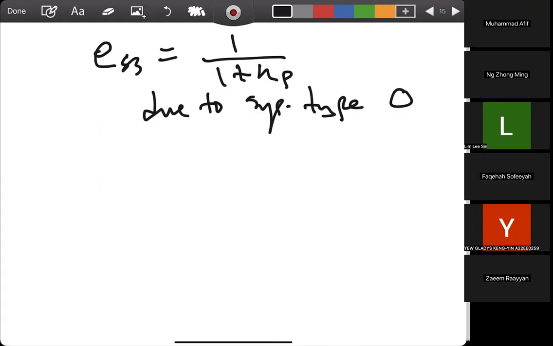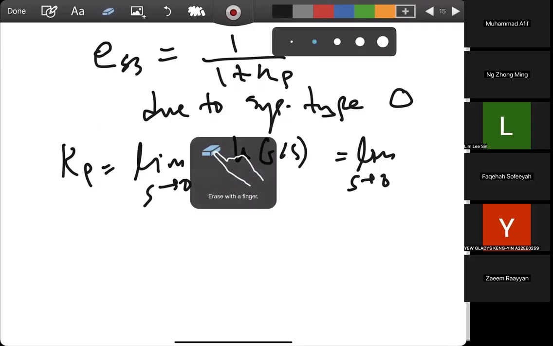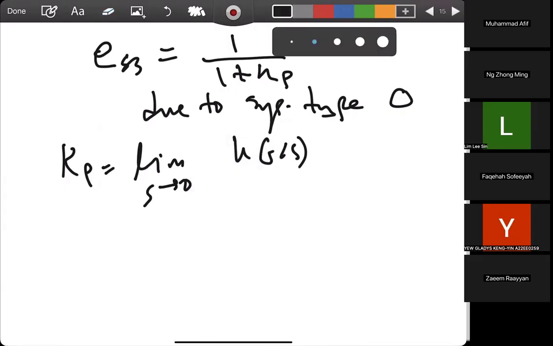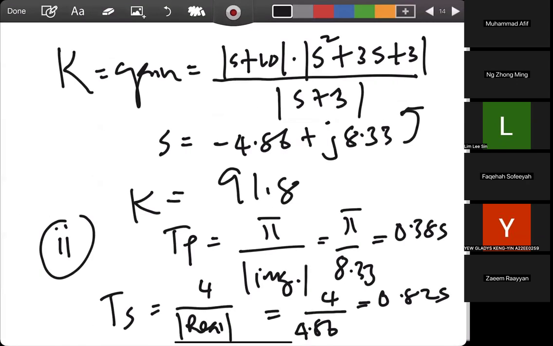So calculate the Kp. Limit S to 0, K times G of S. Okay. So K equal to 91.8, the one that we got here.